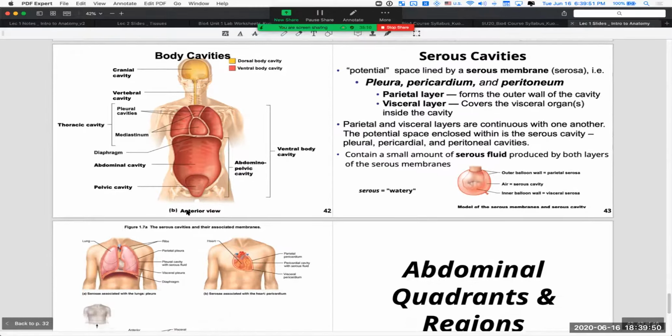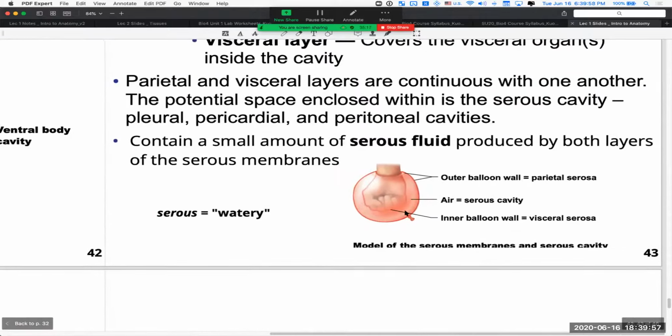The relationship between the two can be understood in this demonstration, where you fill a balloon with water and stick your fist into it. It's kind of amazing that it didn't pop. What they're trying to illustrate is that the part of the balloon that adheres to your fist is analogous to the visceral layer of those membranes.